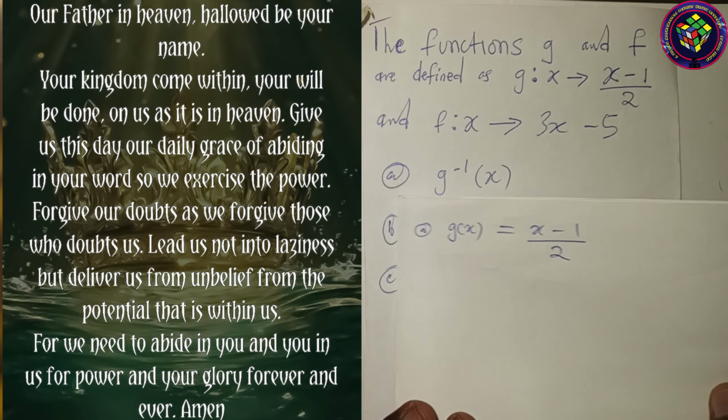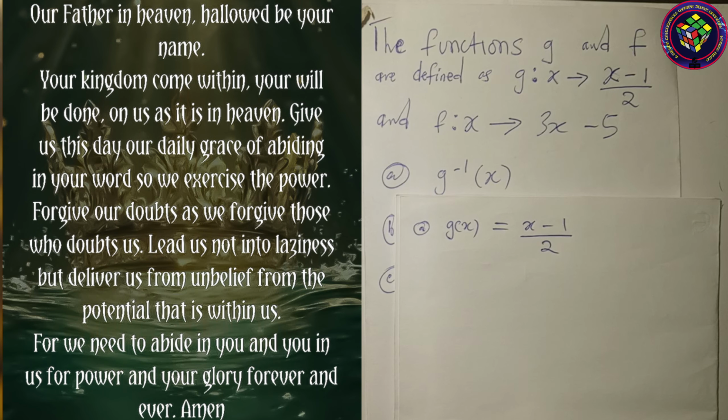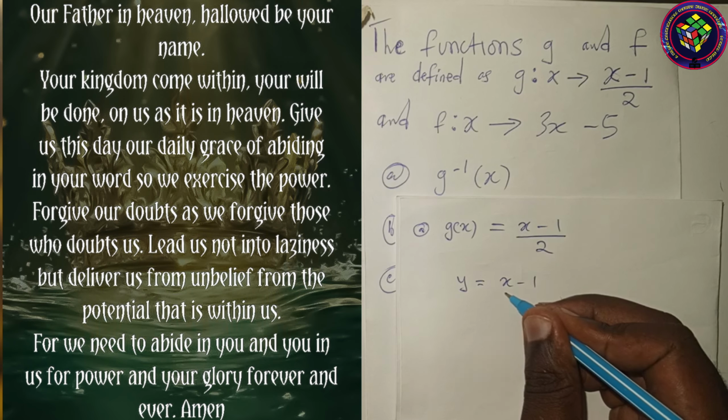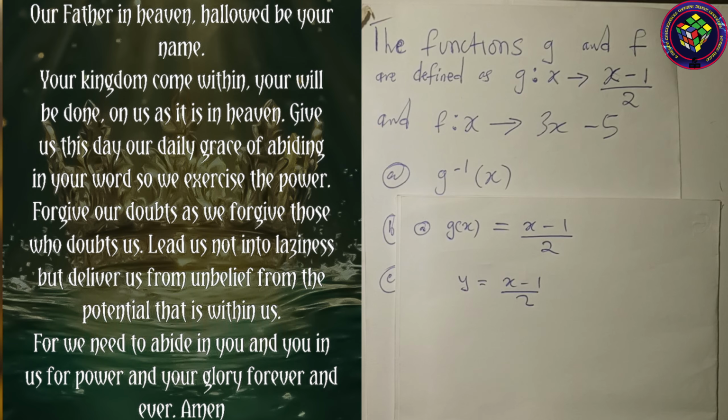So to get g inverse of x, first, where there is g of x, we put a y. So we have y is equal to x minus 1 over 2. Then we need to make x the subject of the formula.